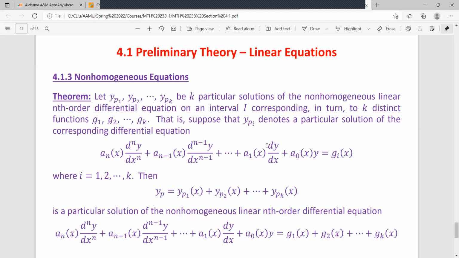So that means ypi denotes a particular solution of the corresponding differential equation.